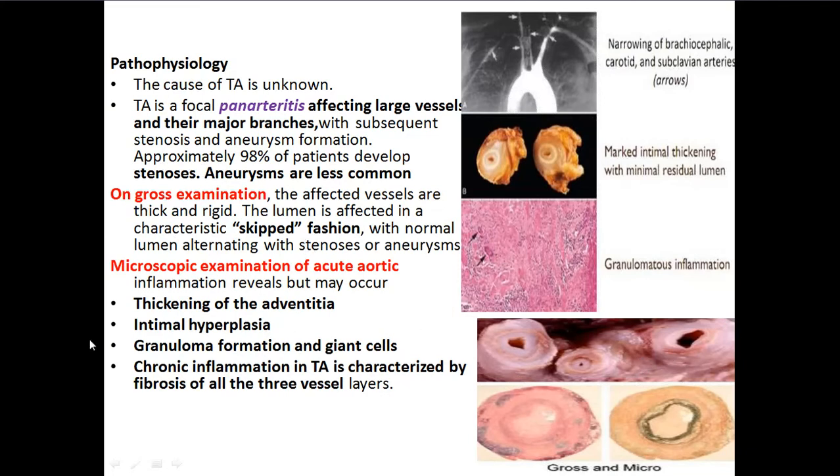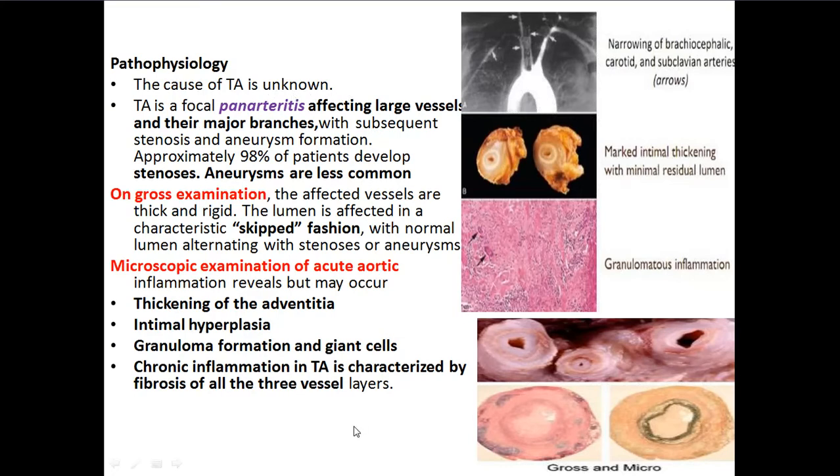So there is a skipped fashion, and the microscopic examination of acute aortic inflammation reveals thickening of the adventitia, intimal hyperplasia, granuloma formation, and chronic inflammation is characterized by fibrosis of all 3 vessel layers.